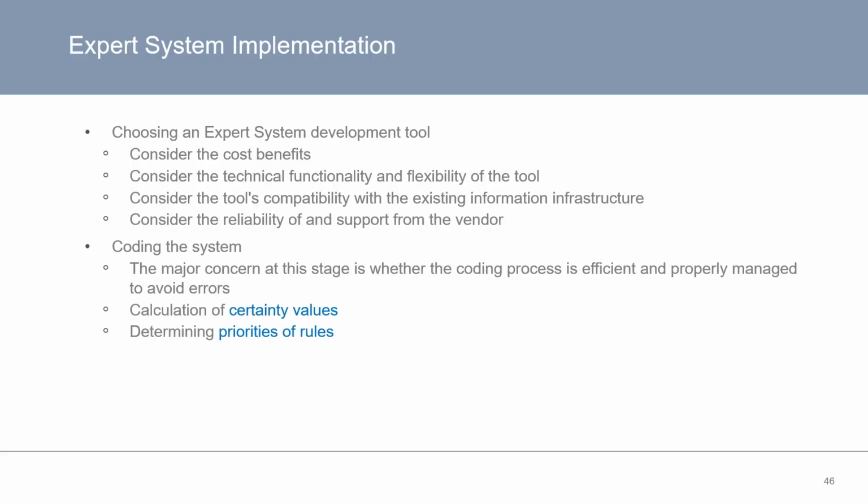At this point in coding the system, a major concern is whether the coding process is efficient and properly managed to avoid errors. We may need to calculate and implement the certainty values of rules and facts. And depending on the system, we might also need to determine the priorities of rules.